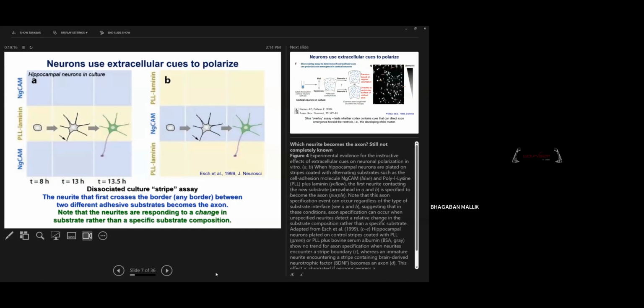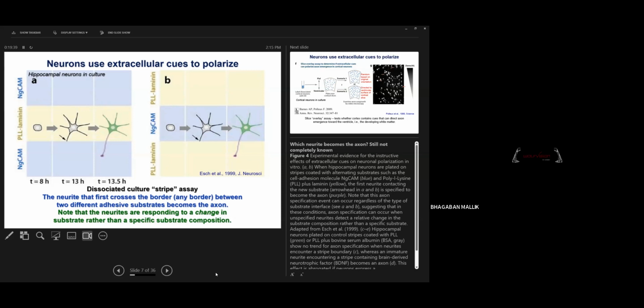So how does this happen? This happens because of the use of extracellular cues that help the cell body to polarize, that help the dendrite to polarize to become an axon. Here the experiment has been shown at different time points with different extracellular matrix.